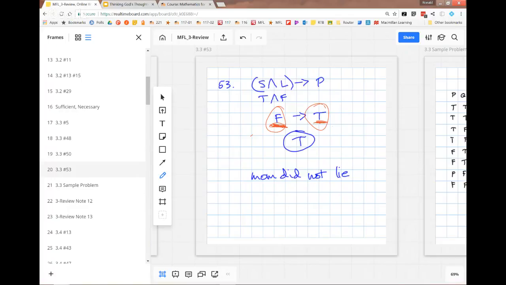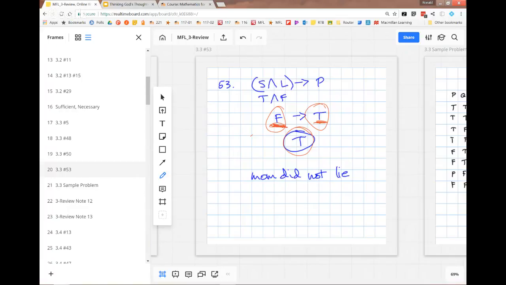Now go to your rules of if-then. In an if-then statement, that would be true. I don't know what I was thinking. I tried to do a truth table on it, so I don't know what I was doing.